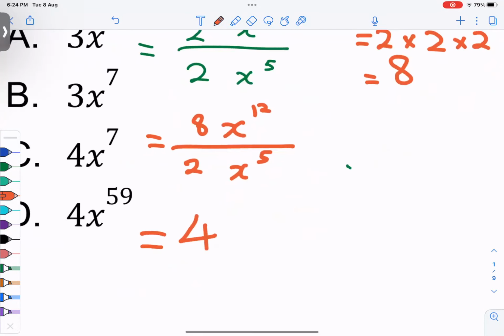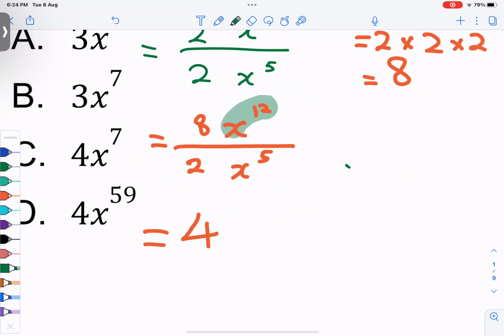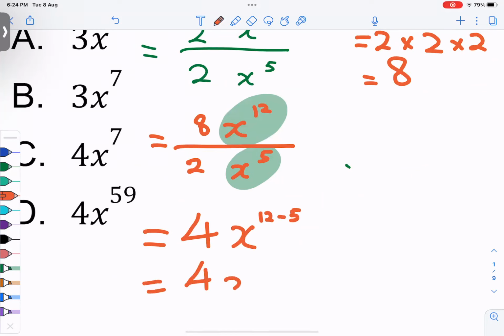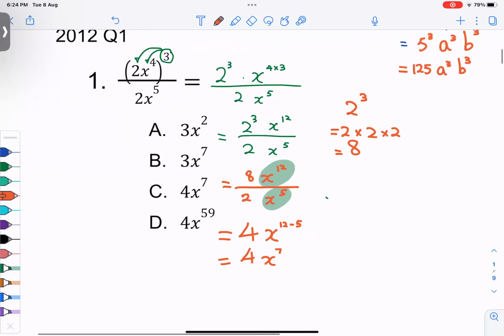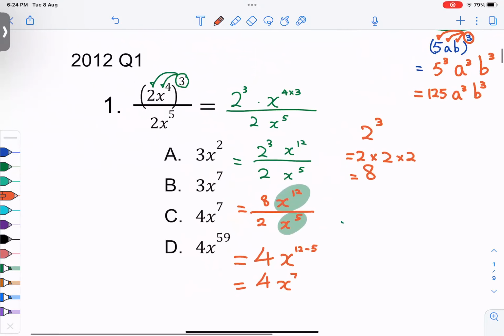As for the unknowns, you will have to see which side is bigger, up or down. Upside is bigger, so you put the unknown upside, and then the bigger power minus the smaller power. Get this question?